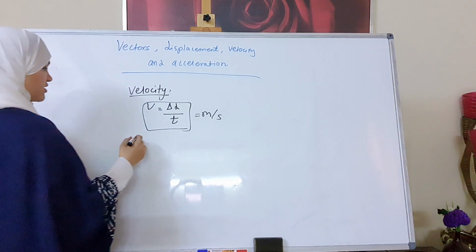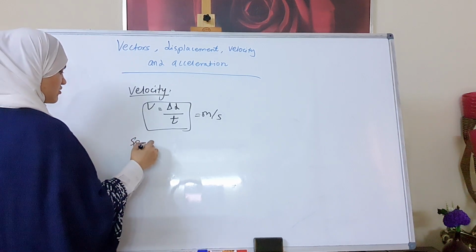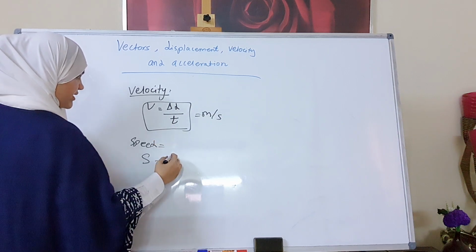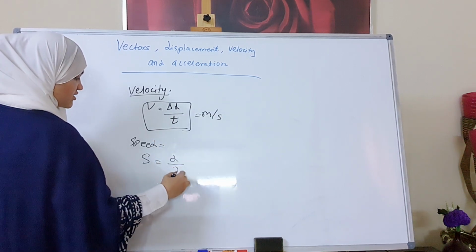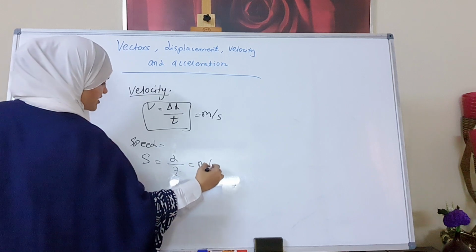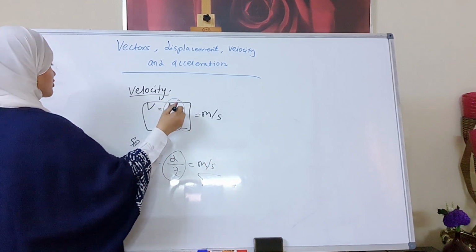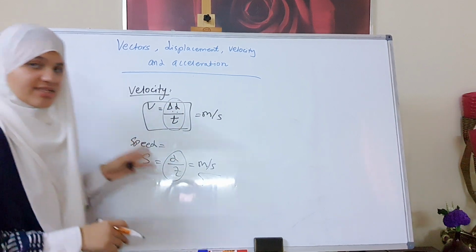But for speed, it will be S, which is equal to D, which is distance over time, which is also meter per second. The same unit, but the difference is that here it is the change of displacement and here it is just distance.